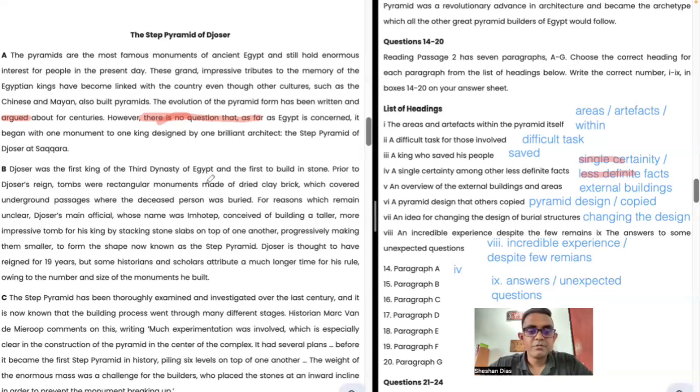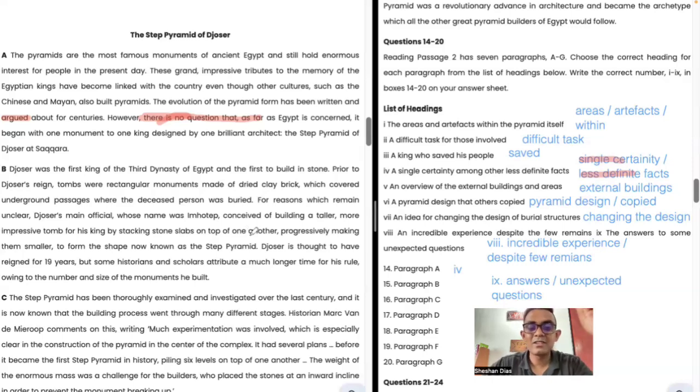Before this king's reign, pyramids were rectangular monuments, rectangular buildings made of dried clay brick. But during his reign, his main official, Imhotep, thought of building taller, more impressive tombs by stacking stone slabs on top of each other, progressively making them smaller to form the shape now known as the step pyramid.